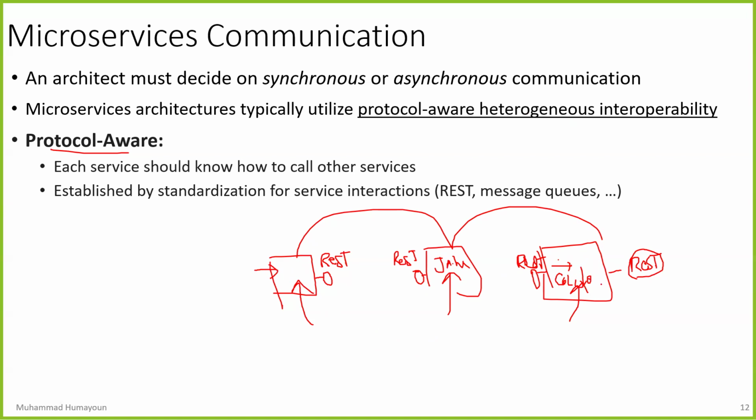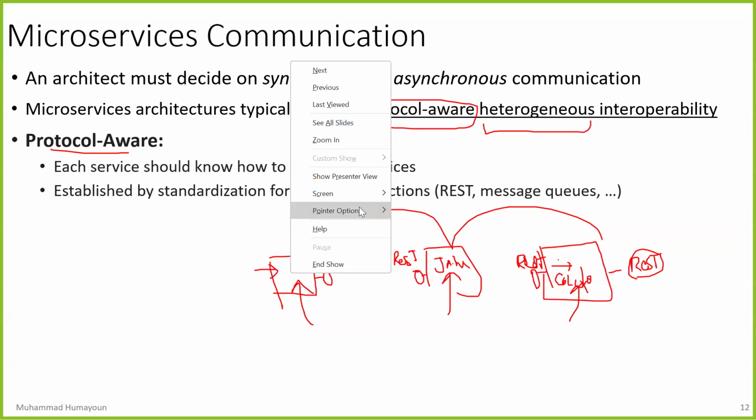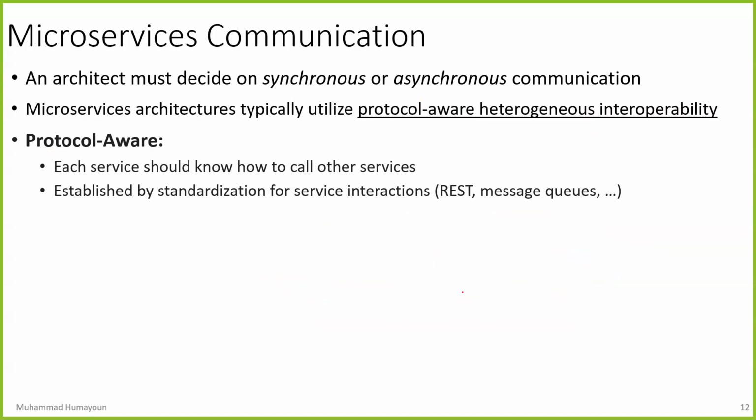It happens in COBOL. That makes it heterogeneous. Once we are protocol aware, once we know how our microservice architecture will communicate with each other, RESTful API, message queue, or whatever, then the microservices can become really heterogeneous.